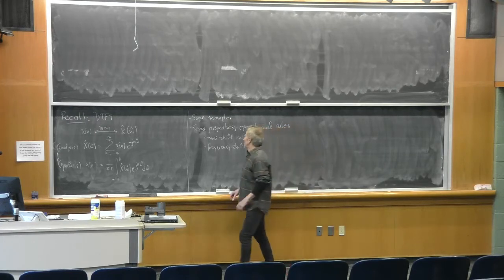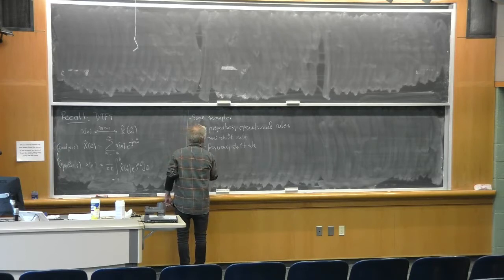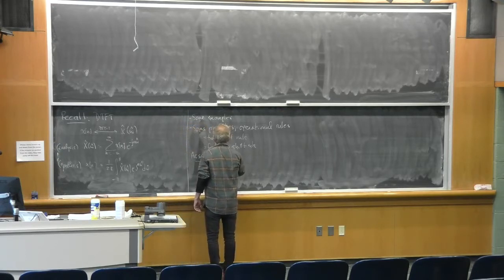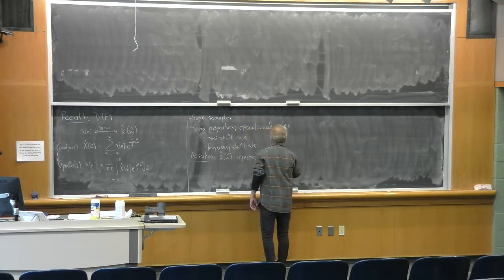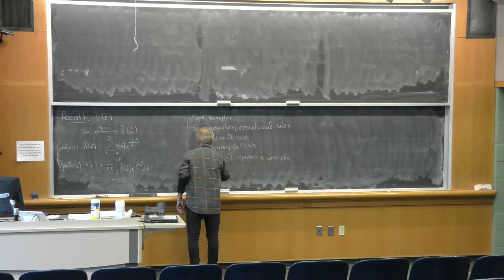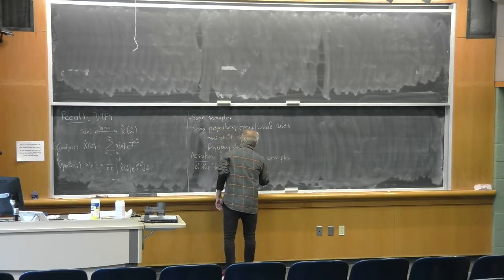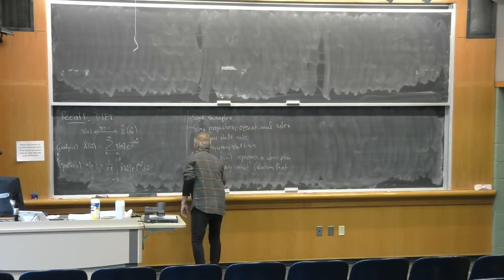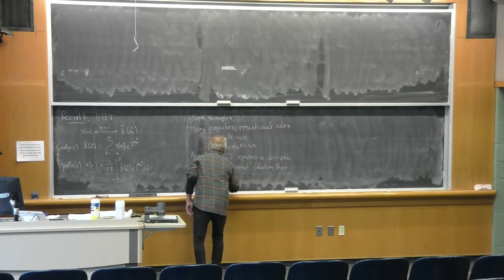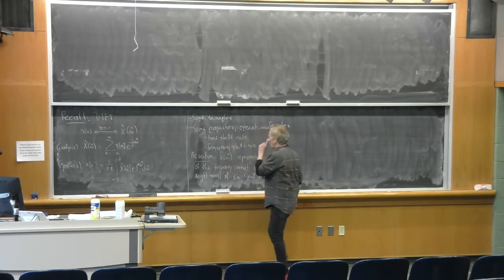So first, here's an assertion: x hat of omega hat represents, in some sense, a description of the quote-unquote frequency content, whatever that might mean, of the signal x of n.